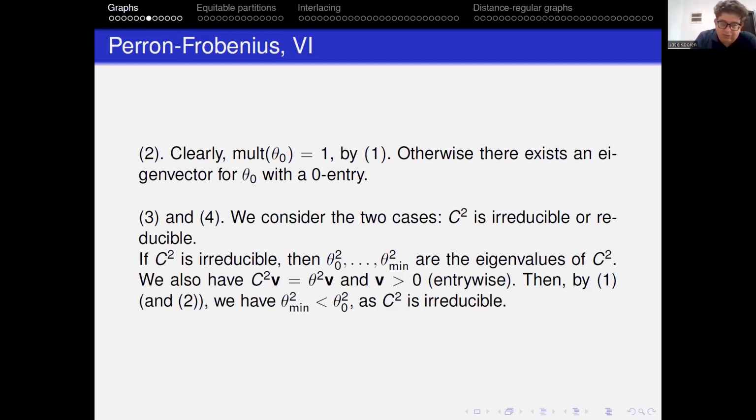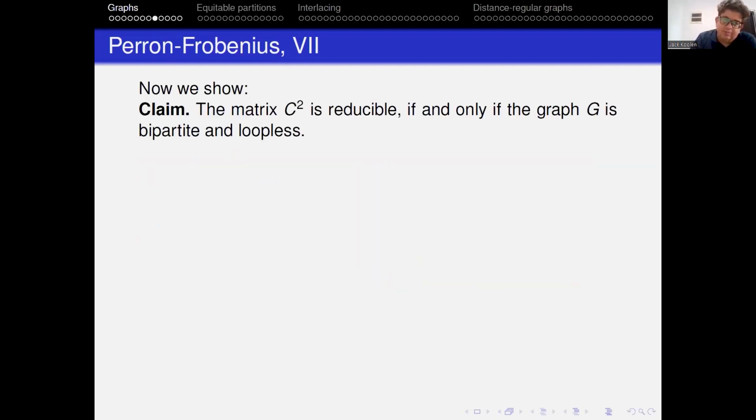And now if C squared is reducible, we want to show that the graph is bipartite. So we want to show that if C squared is reducible, then the graph C is bipartite and loopless. That is an equivalent statement.